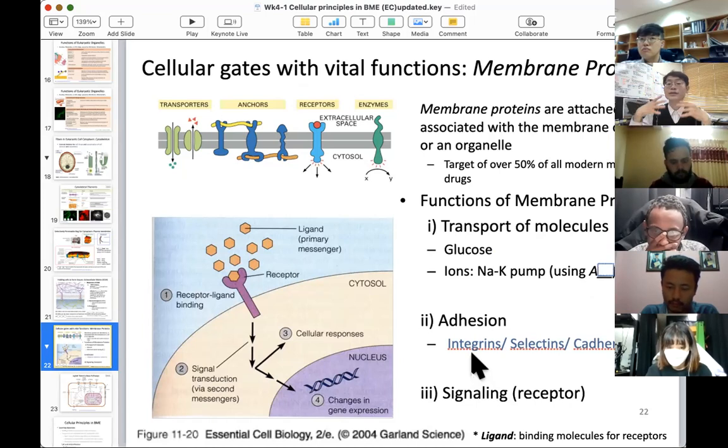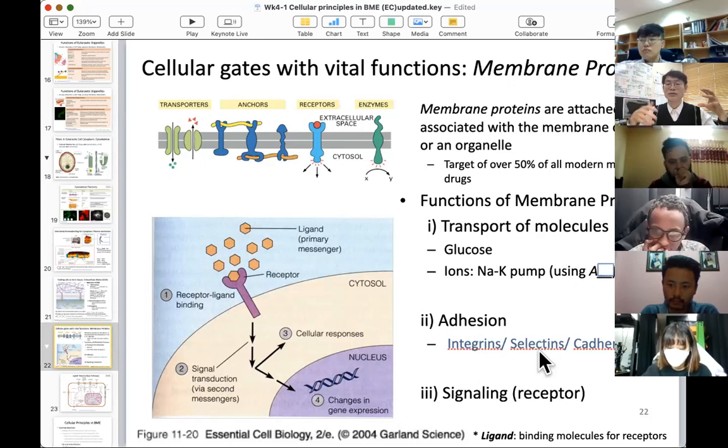So the cells sense mechanically whether they grab onto something, to whom and how, and what kind of forces are there.